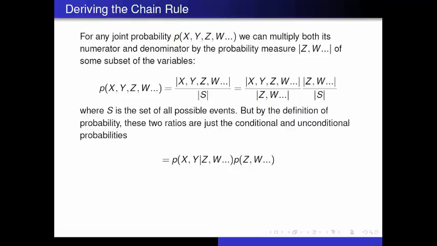and you can imagine taking the basic expression for our joint probability, and then multiplying and dividing by the size of whatever set of random variables we're interested in, and then just recognizing that this, in effect, is our definition of a conditional probability, and this is our definition of an unconditional probability.